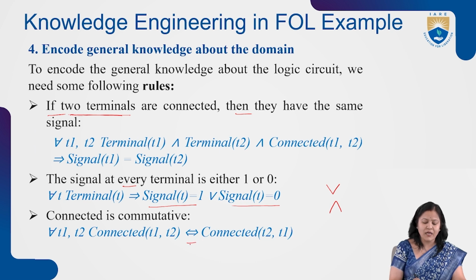We have to use this double implication because it is commutative. The reverse way is also possible. So T1 connected with T2 if and only if T2 is also connected with T1. That is the representation in predicate logic.